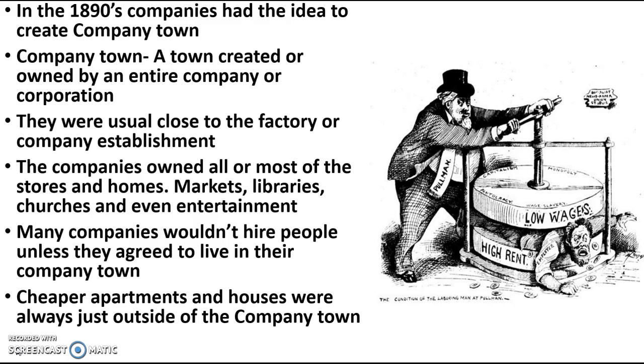Okay. Now, if you look to the right, that political cartoon is amazing. Because if you see the person, on his sleeve it says employee, and above him it says low wages. It says wage slavery, capitalism, monopoly, and on the bottom it says high rent. So he is not getting paid much, like we're saying.